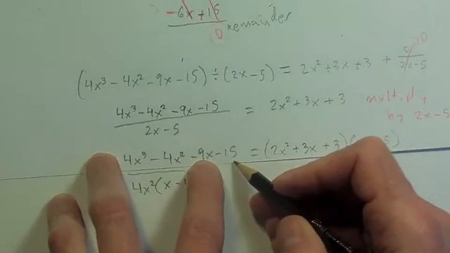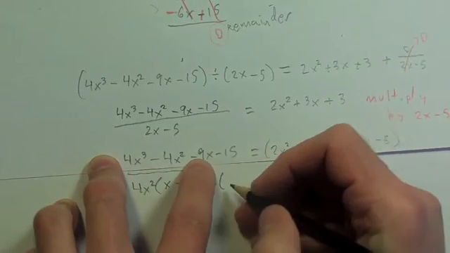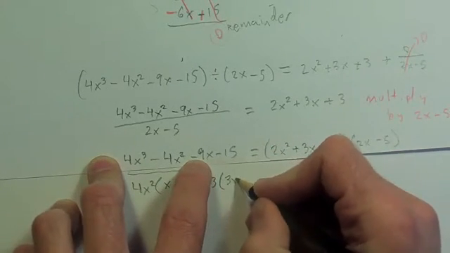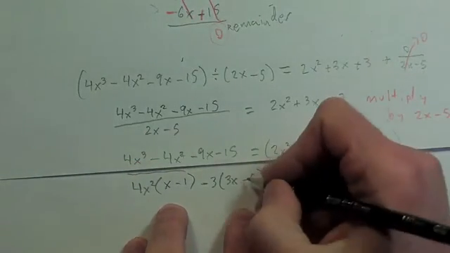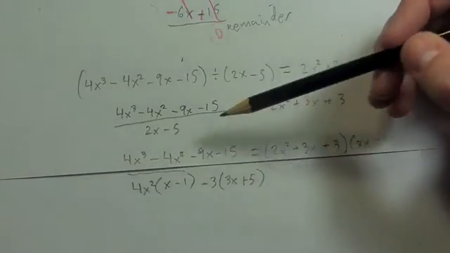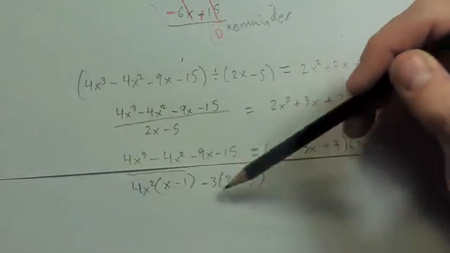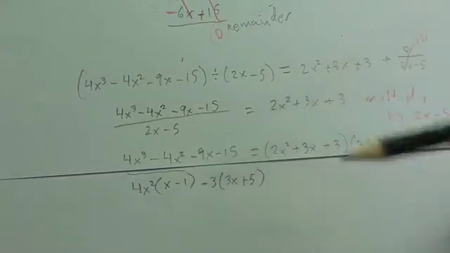And then with the second group, you can take out a minus 3, and then you'd be left with a 3x plus 5. Which doesn't exactly help you when trying to factor by grouping, because these don't match.